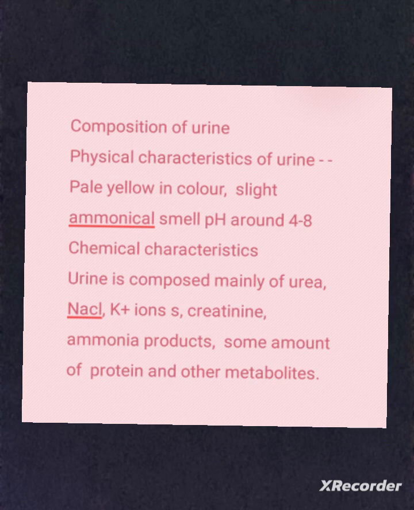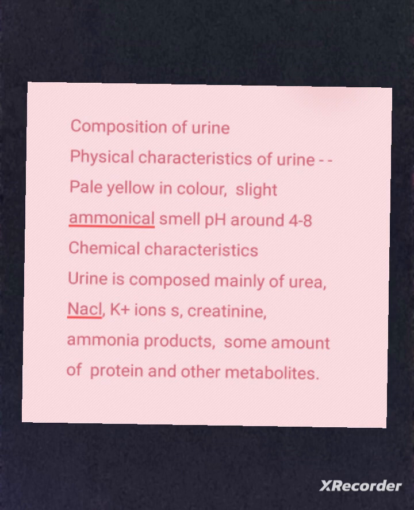It has a slight ammoniacal smell. It is often clear in turbidity with a pH of around 4 to 8. But these characters vary depending upon the nature of the disease in the body.